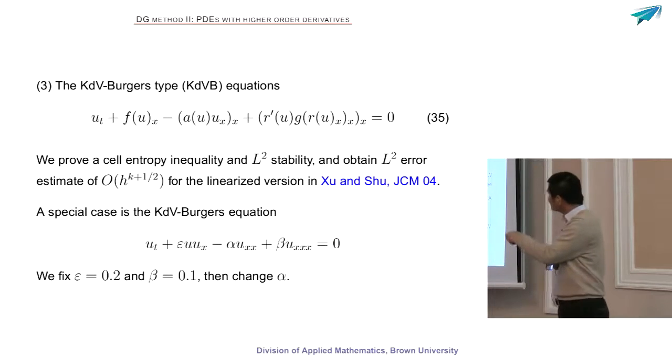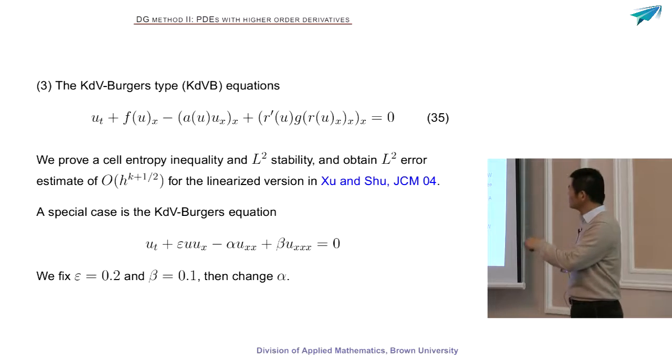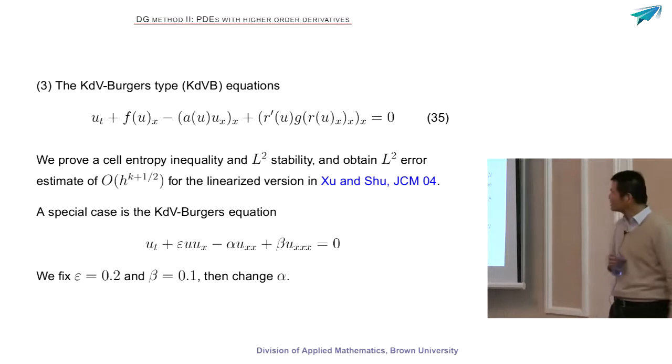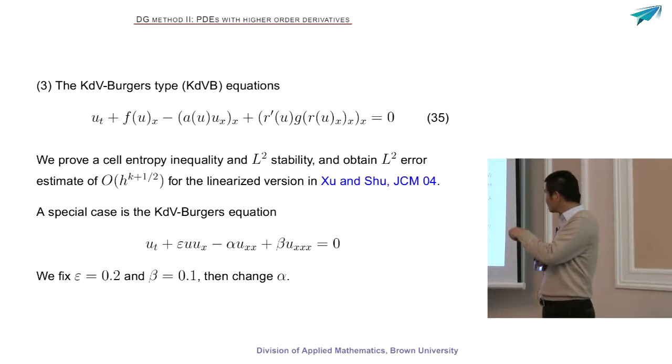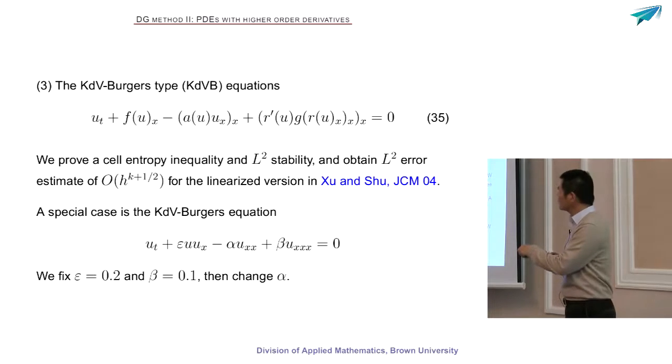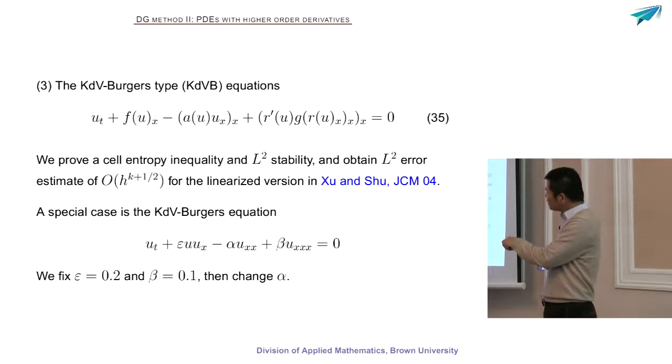And the KdV-Burgers equation. So you have the nonlinear KdV here, but also diffusion here. So there's a dispersion, there's diffusion, there's a convection. So this is complete with every mechanism. You can get L2 stability for the scheme, L2 error estimates. The special case is KdV-Burgers. So you have the third derivative here with beta, second derivative here with alpha, and then you have the Burgers term. If you fix epsilon and fix beta, and change alpha, you can see that it's a fight between the dispersion and the diffusion.